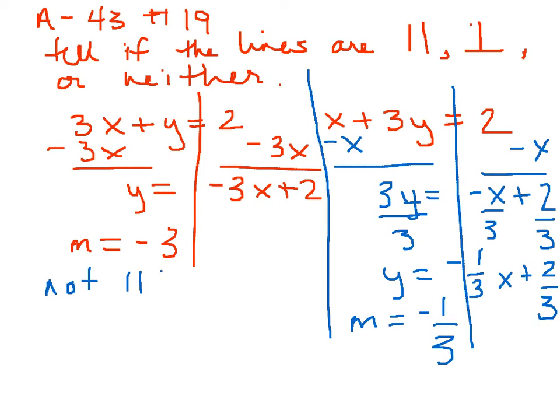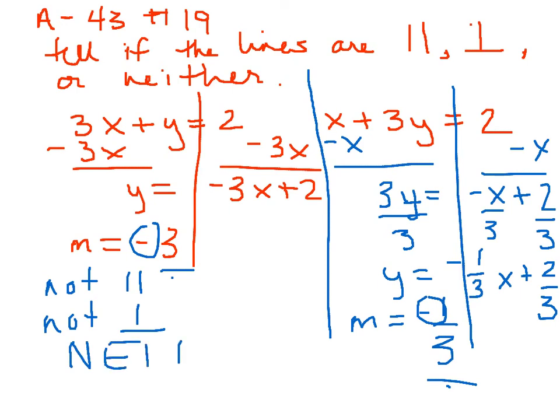They're not perpendicular because although they're reciprocals, they're not negative reciprocals. They both are negative. Therefore, they're not opposite reciprocals. Therefore, we say that these two lines are neither parallel nor perpendicular. Okay? And that's all of it, guys.